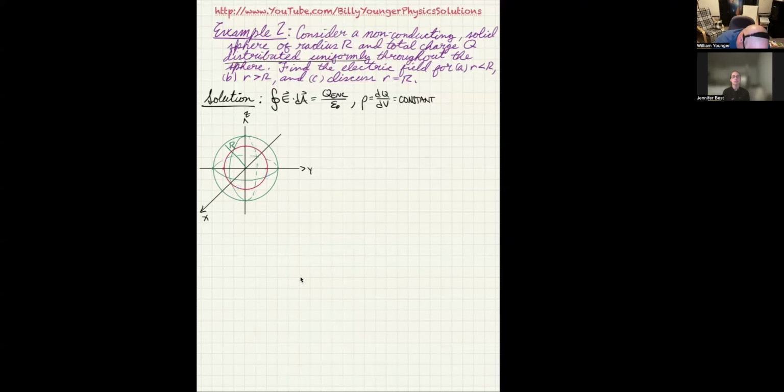That is going to be my Gaussian surface for r less than big R. And that means that radius right there is little r. Okay? Again, we'll still have that nice little tire patch from Looney Tunes type cartoons. That's going to be the shape of the differential area element. So dA is going to be dA r hat.